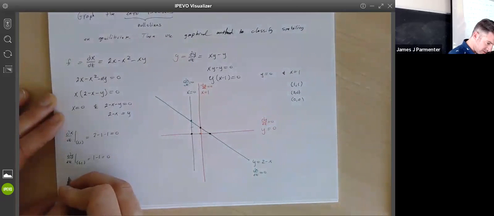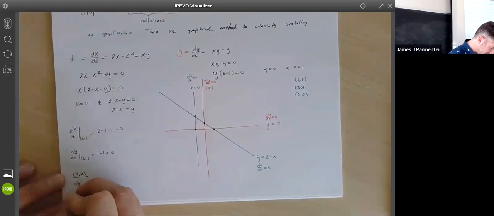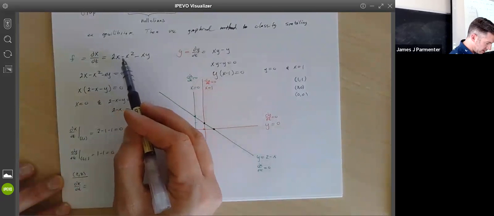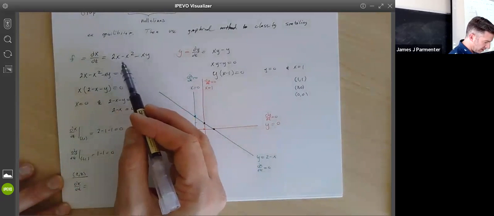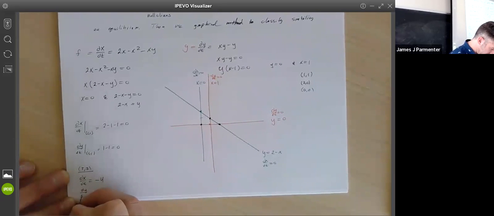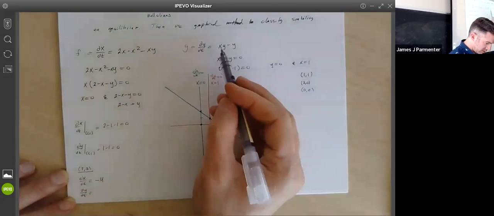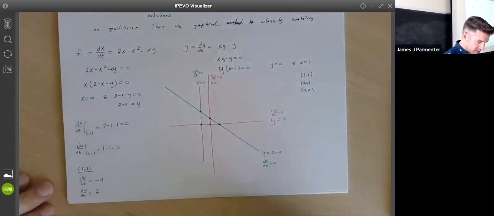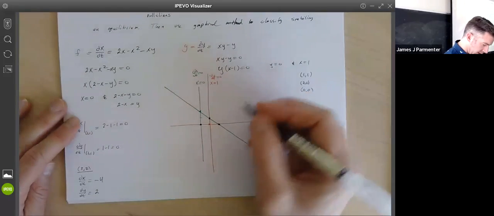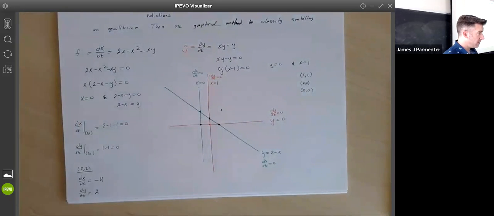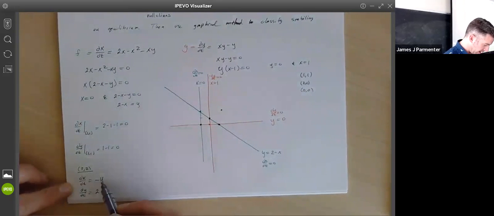If I plug in 2, 2, I get dx dt equal to 2 times 2 minus 2 squared minus 2 times 2, which is 4 minus 4 minus 4, which is negative 4. And dy dt is equal to 2 times 2 minus 2, which is 4 minus 2, which is positive 2. So over here at the point 2, 2, I can do this a couple ways. I can draw the arrows. I can say, all right, I'm going to be going left and up.